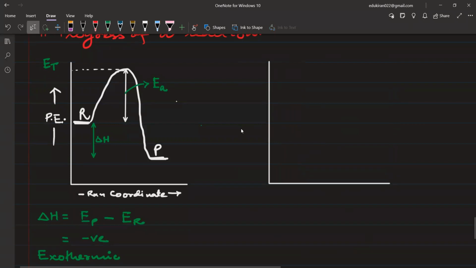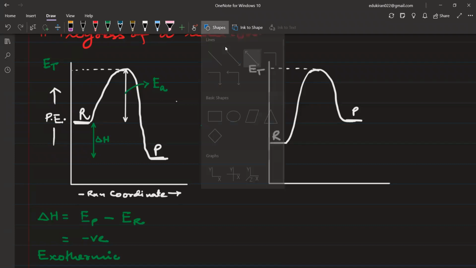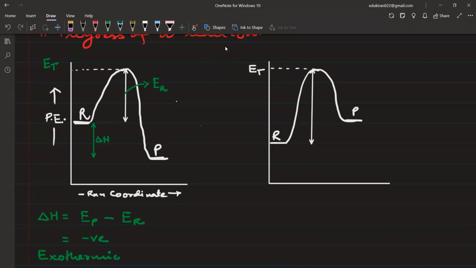You understand this one now. Again, this is the average energy of the reactant molecules. This is your threshold energy. And let us say this is the energy of the products. So you have the reactant, here we have the product. This is the threshold energy. And if you look at the reactant molecule, then this is going to be your E activation.